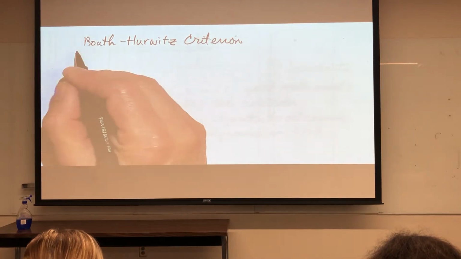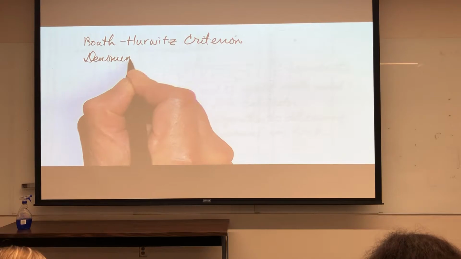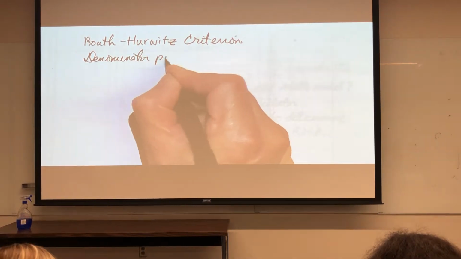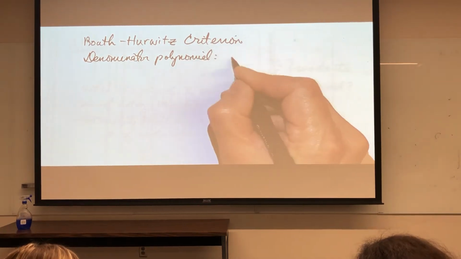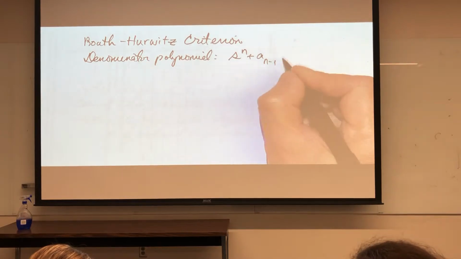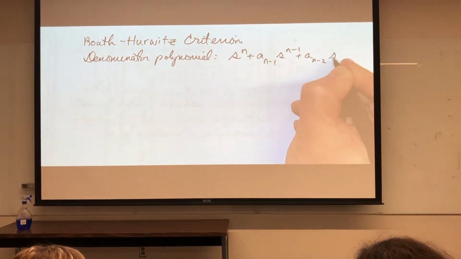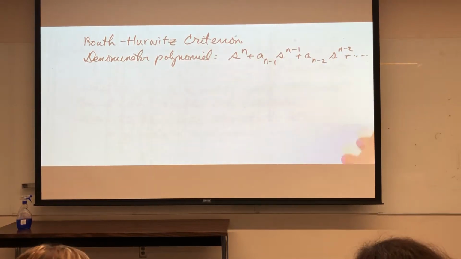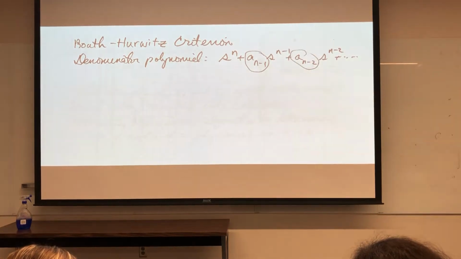So what we do is we take the denominator polynomial like so. There's a bunch of coefficients. I'm going to call these a's, like so. And what we do is we construct an array.